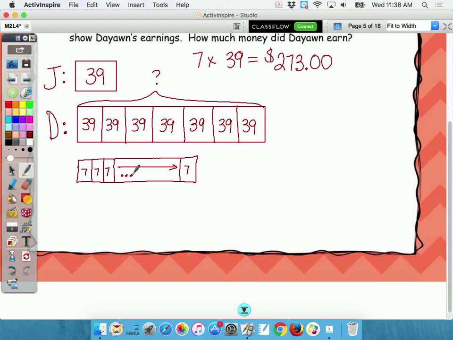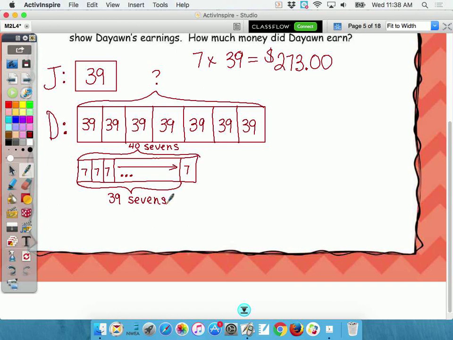Let's switch it around. What multiple of 10 is close to 39? 40. So 40 7s would go on top. The actual number of 7s is what? 39 7s.